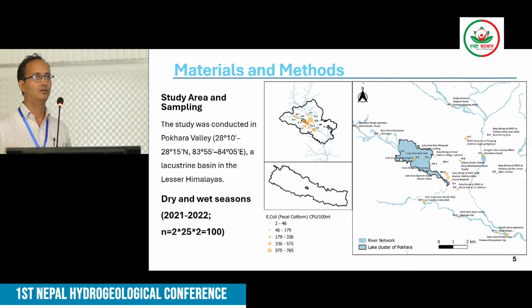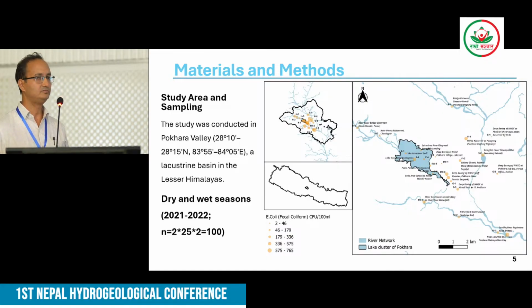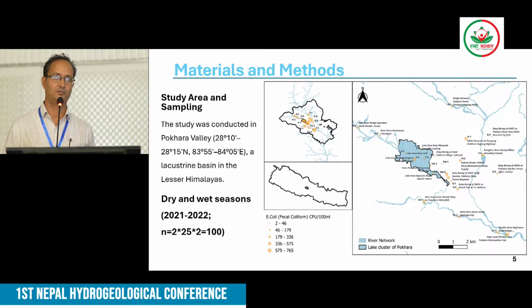And we had 4 rivers, Seti, Harpan, Fusre, and Furke rivers, with 3 sampling points from upstream to downstream. And the lake was Phewa Lake. We had 5 sampling points.